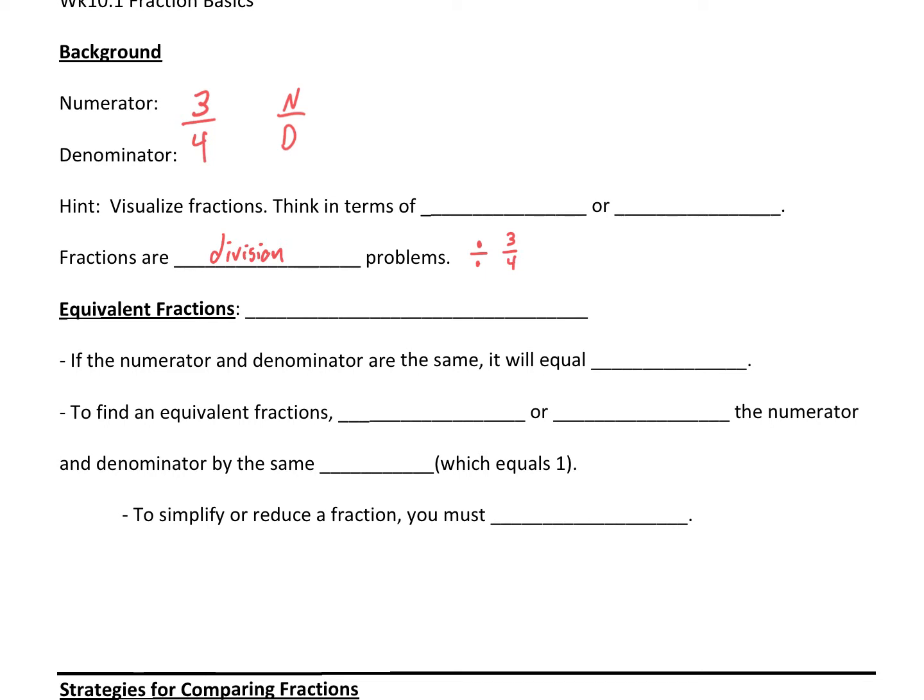The hint I like to think about is I'm a big fan of pizza, so I think of fractions in terms of pizza. So if you have 3/4 of a pizza, you got your pizza here. You have 3/4, 3 out of 4 pizza slices. I also like basketball, so I like to think about it, and I'll use a lot of examples with shooting baskets with the basketball.